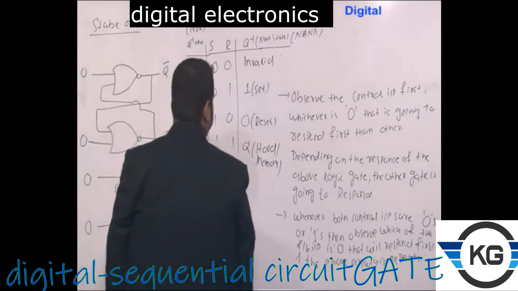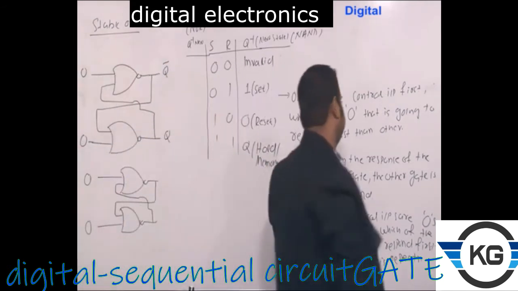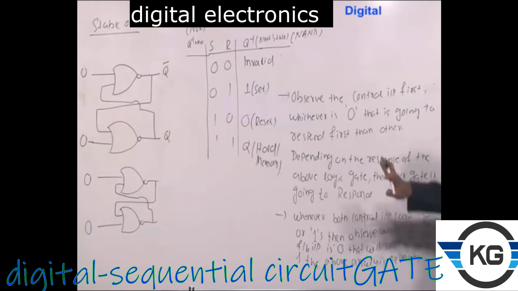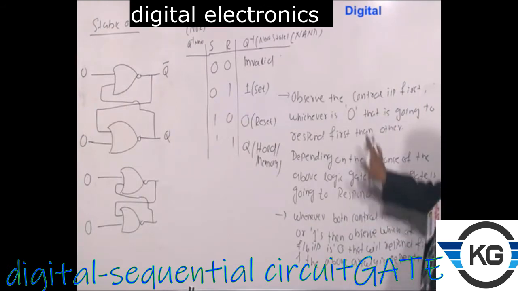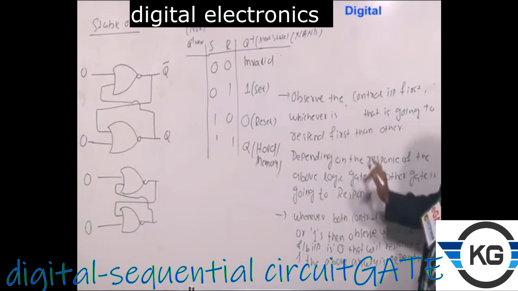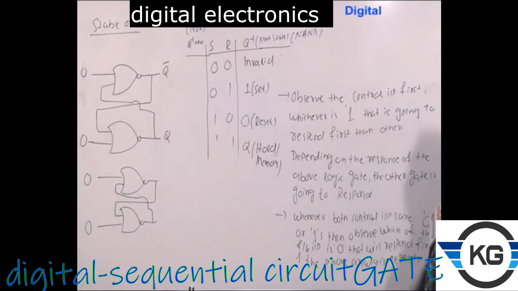Okay, now what are the changes I am going to make here? That you have to write separately. I am just making some changes. Observe the control input first. Whichever is 1, I am replacing this by 1. Whichever is 1 is going to respond first, and then the other. Depending on the response of the above logic gate, the other gate is going to respond. This statement won't change.